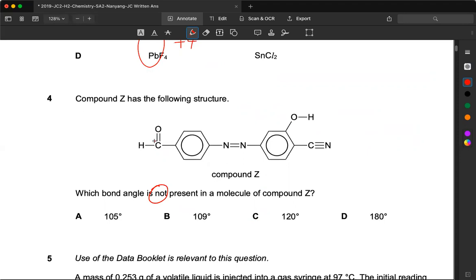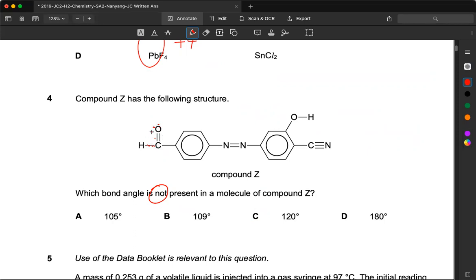This angle will be around, because there's bond pair, lone pair repulsion. Because of the repulsion here, it will be greater than 90 degrees, so it will not be 90 degrees.